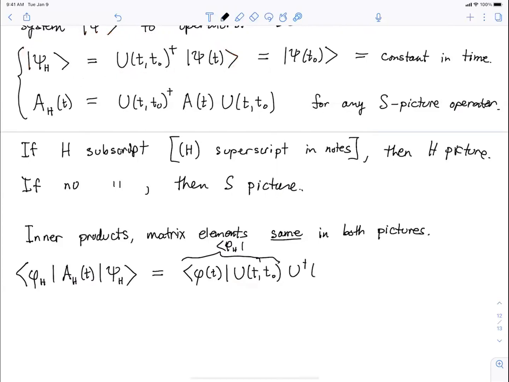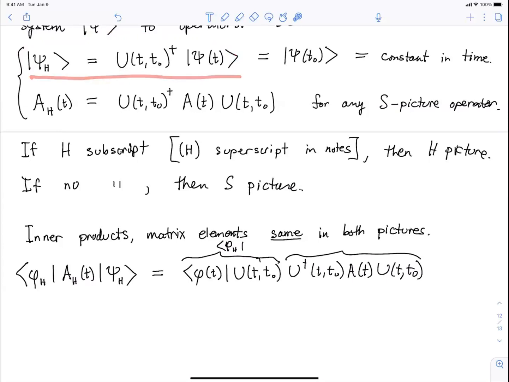It's U dagger, Schrodinger picture A, U. Okay, so those all go together. And then finally my psi H, again, I can just read off from here. And so that's going to be U t0 dagger times my Schrodinger picture psi of t, running out of space there.